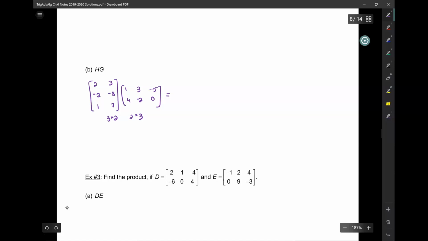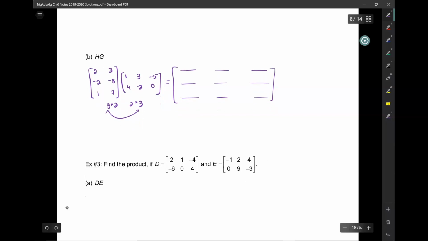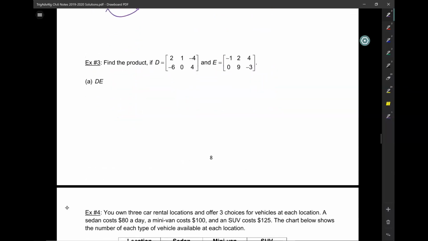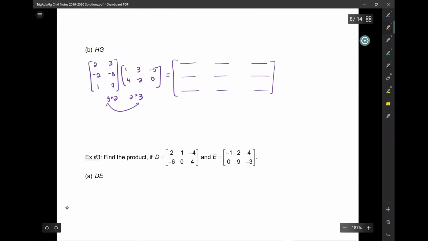So what's the product going to be? A 3 by 3. That's a huge matrix. 1, 2, 3, 1, 2, 3, 1, 2, 3. Okay. So here, for this one, all right, let's do this.